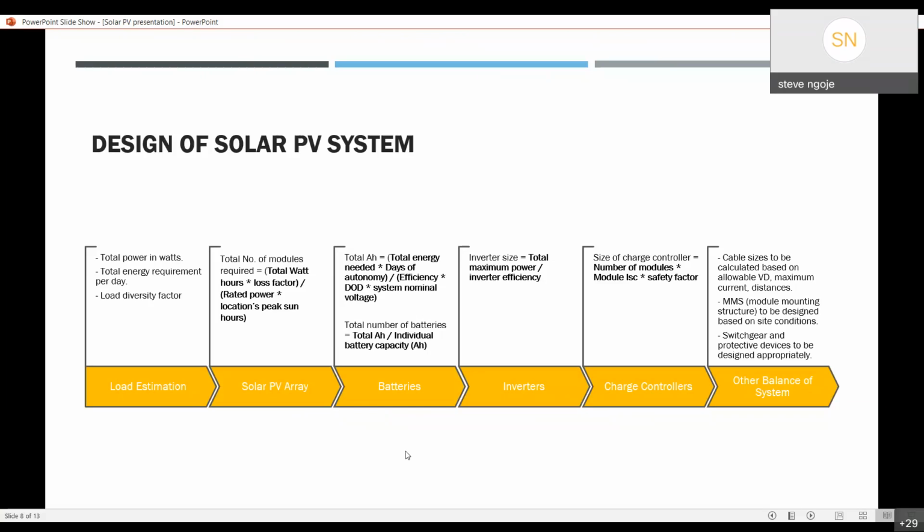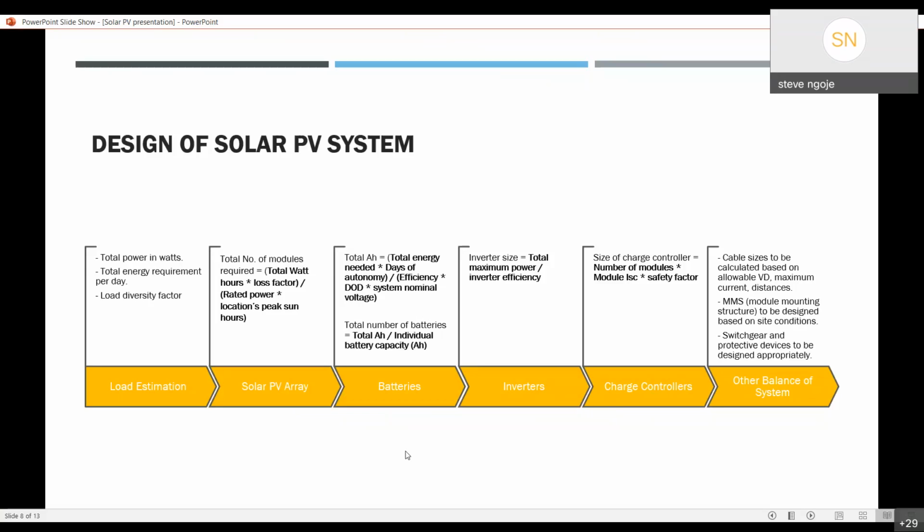It's also different to what someone is going to have in Kisumu or any other place within the country. There are public websites that you can get the peak sun hours data from; you just Google. For example, in Nairobi it's about 4 to 4.3 hours in a day.